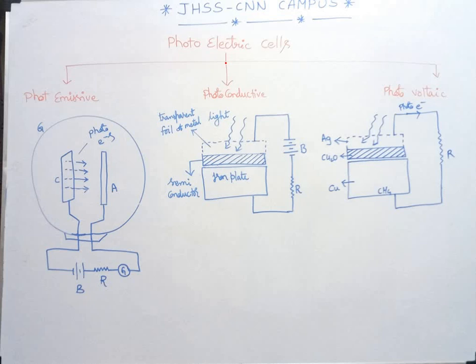There are actually 3 kinds of photoelectric cells, which you can notice here: one is photoemissive, second is photoconductive, and the third is photovoltaic. We will discuss all these 3 now one by one.